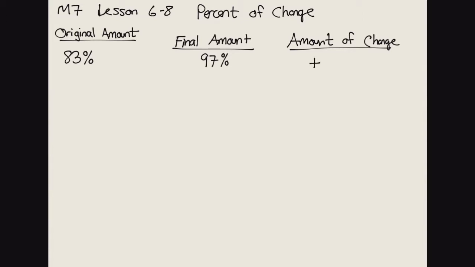Anytime something goes up, we say that's a positive increase. But how much? Yep, it's gone up, so the percent change is a plus 14. And in this particular instance, it's percent. Plus 14%.